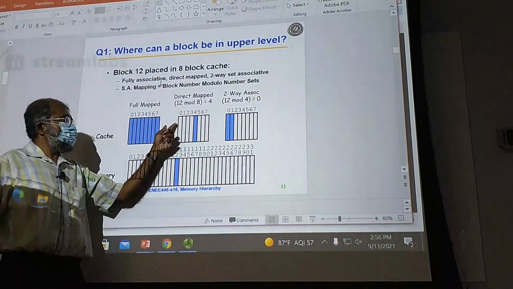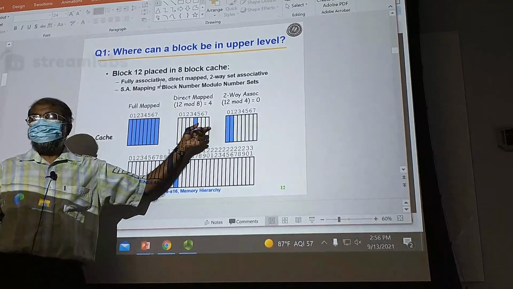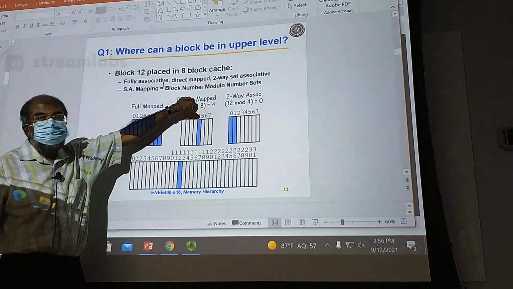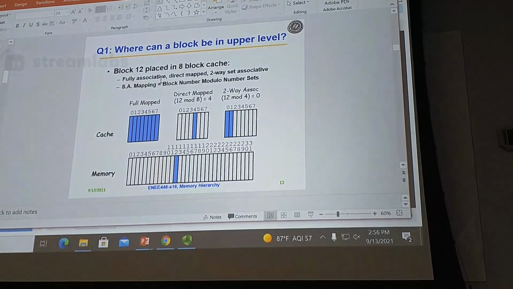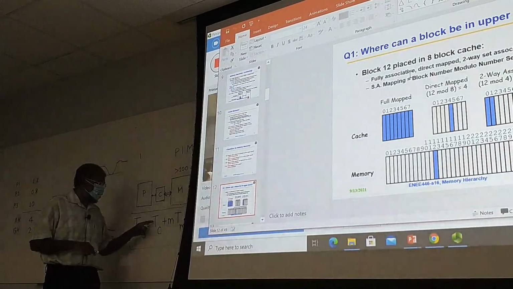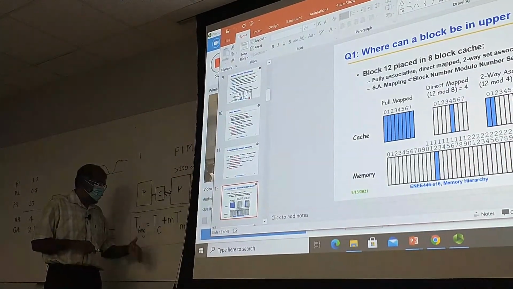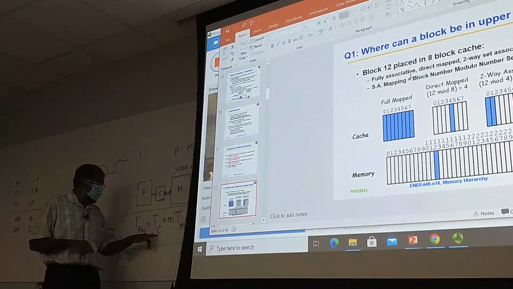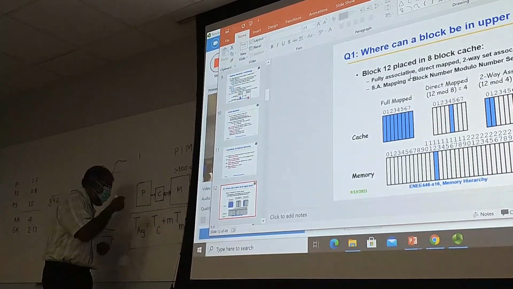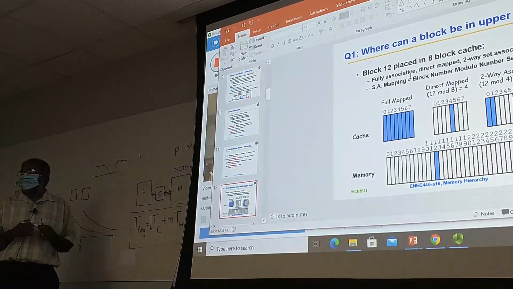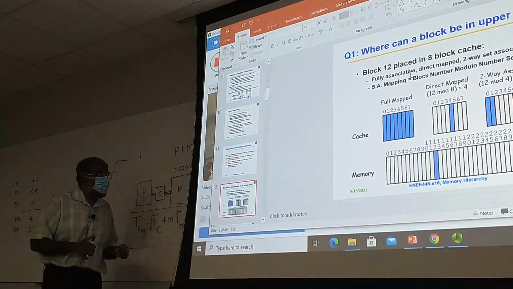It does not need to look in every frame, it needs to look at only 1 frame. So with direct mapping, this will be low, small, that's with direct mapping.